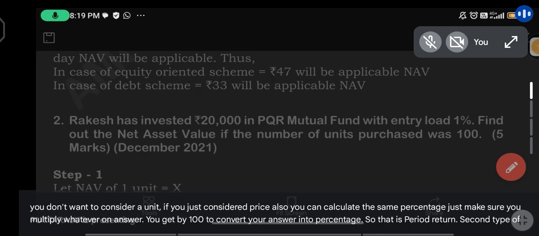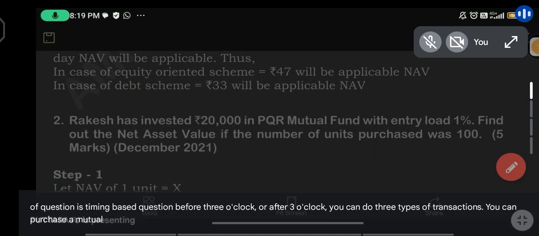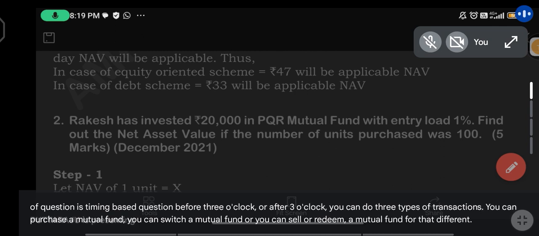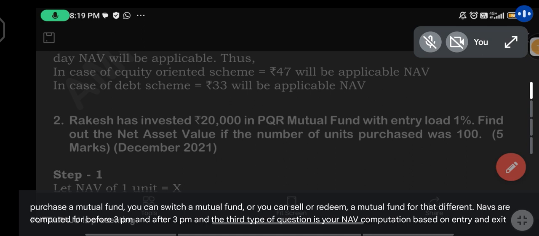Second type of question is timing based question, before 3 o'clock or after 3 o'clock. You can do three types of transactions. You can purchase a mutual fund, you can switch a mutual fund, or you can sell or redeem a mutual fund. For that, different NAVs are computed for before 3 p.m. and after 3 p.m. And the third type of question is your NAV computation based on entry and exit load.